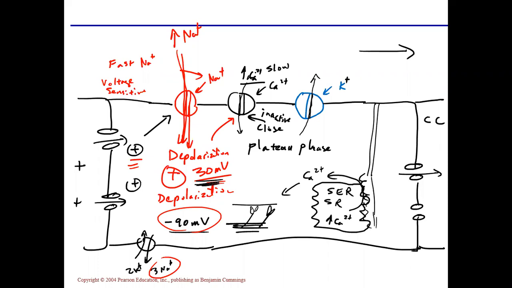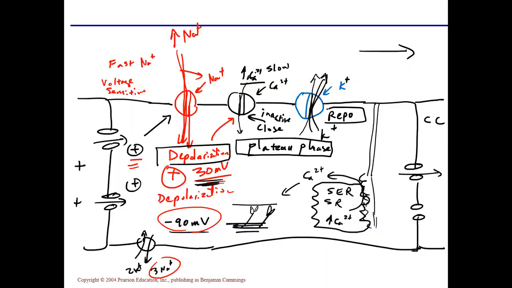But potassium is still open, and in fact, more potassium channels are opening, causing more potassium to leave, which sets up the stage for number 3. So number 3 was the repolarization. Step 1 was depolarization. Step 2, plateau phase. Step 3, the repolarization phase.